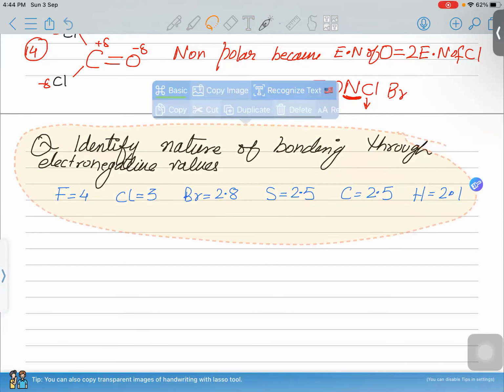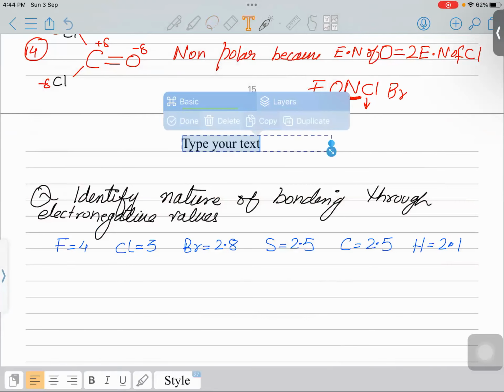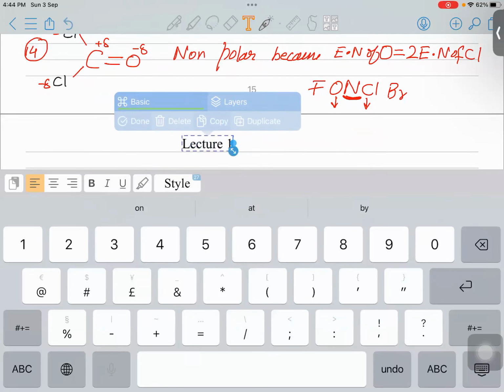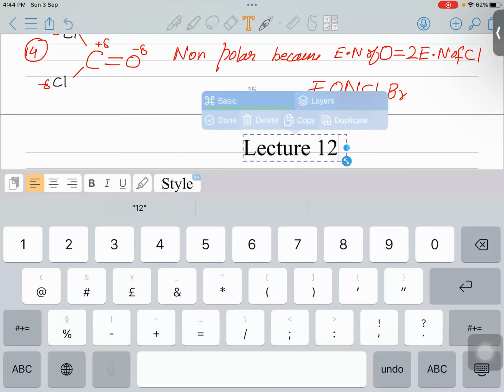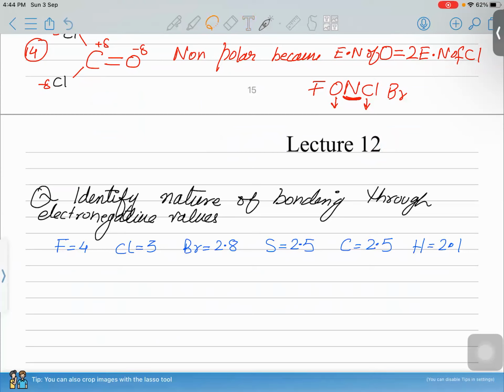I just have a question regarding how you identify the polarity. You said non-polar because the electronegativity of oxygen is equal to 2 times the electronegativity of chlorine. How do I identify the ratio? We have to memorize that, the values of the Pauling scale. Learning the Pauling scale is not in our syllabus, right? So we just imagine that the power of oxygen is double the power of chlorine.